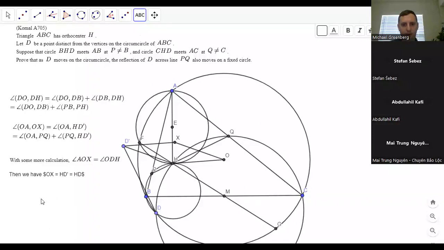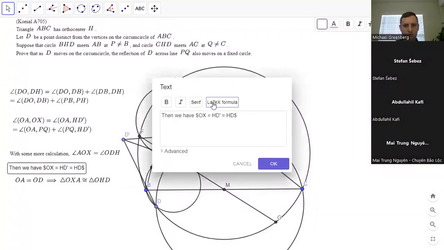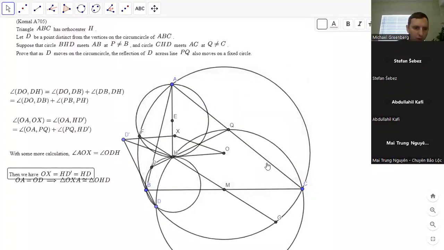Okay, so OXA and OHD are congruent. All right. So OXA is congruent to OHD.